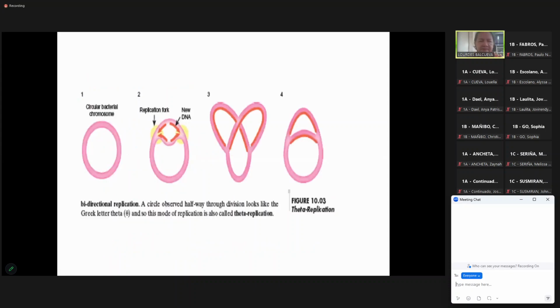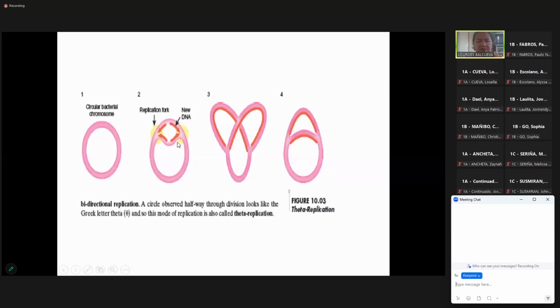Okay, here. So this is a one-celled organism, no? We have here, separated na siya, no? This portion is already separated. And you have two replicating forks, because replication goes in both directions. So, opposite direction, no? If this is the circular DNA, one replication goes this way and the other one goes that way.